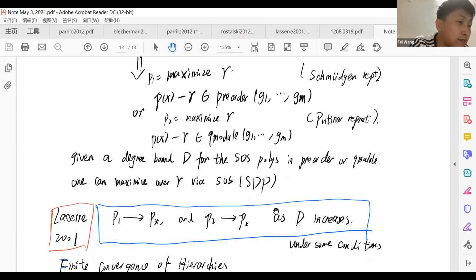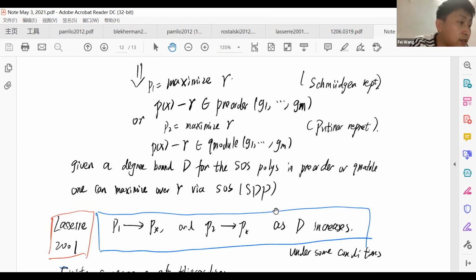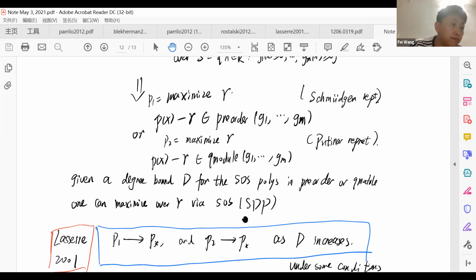Actually, it is proven that as the degree D increases, this P2 converges to P star.